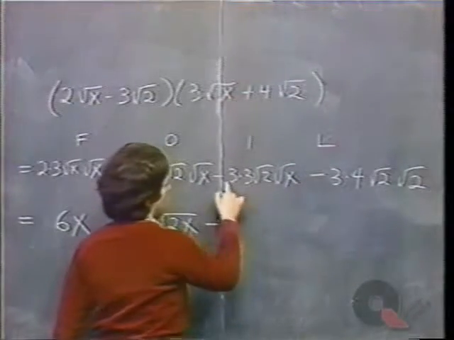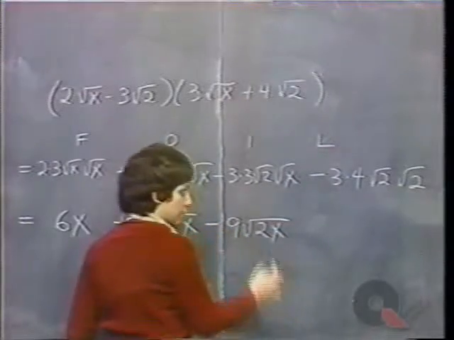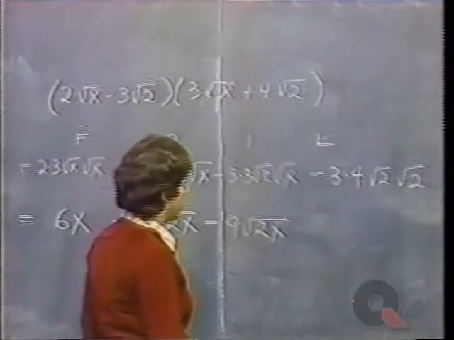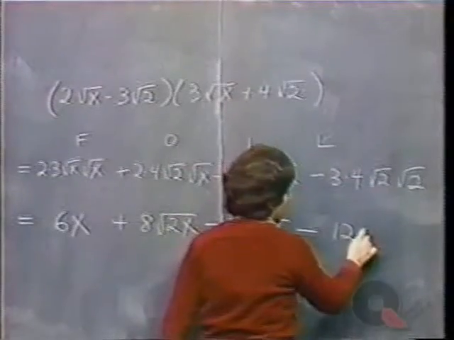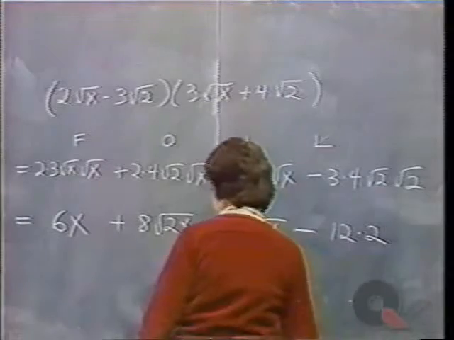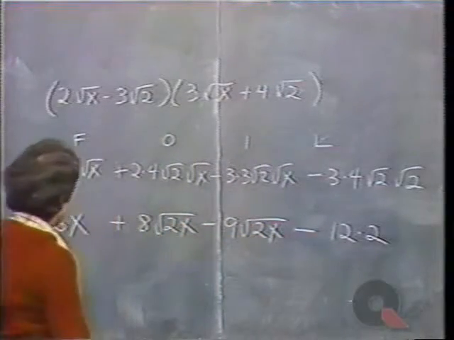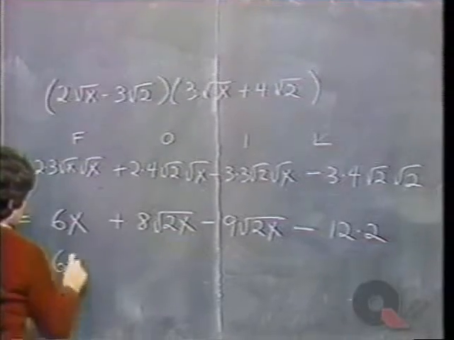Minus 3 times 3, 9, the square root of 2 times the square root of x, square root of 2x. Minus 3 times 4, which is 12, times the square root of 2 times the square root of 2 is just 2. This gives us 6x.